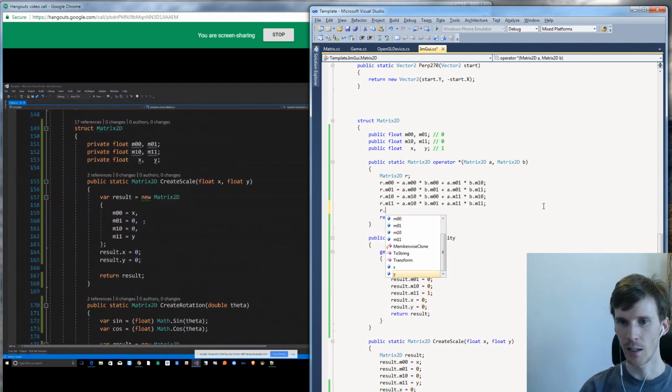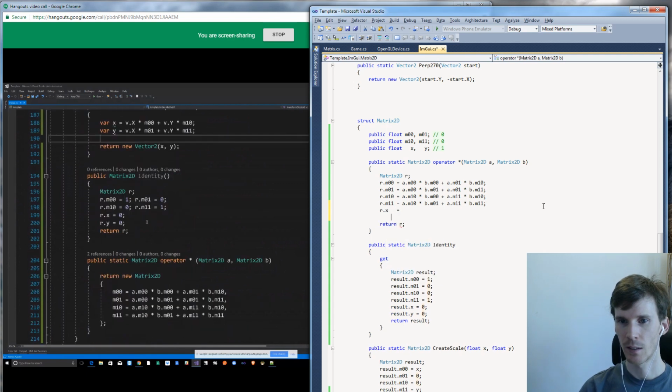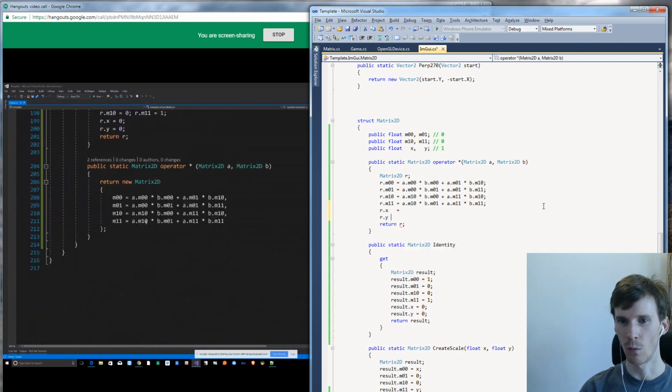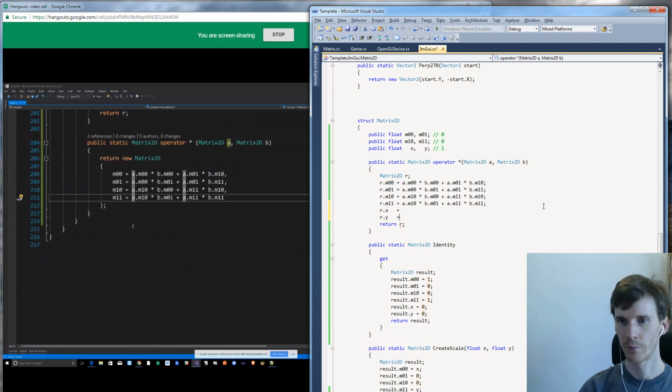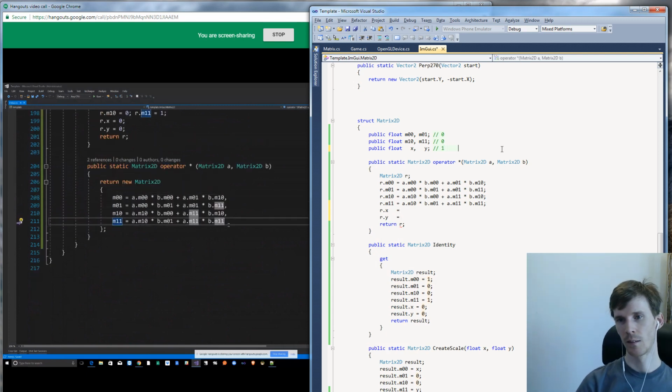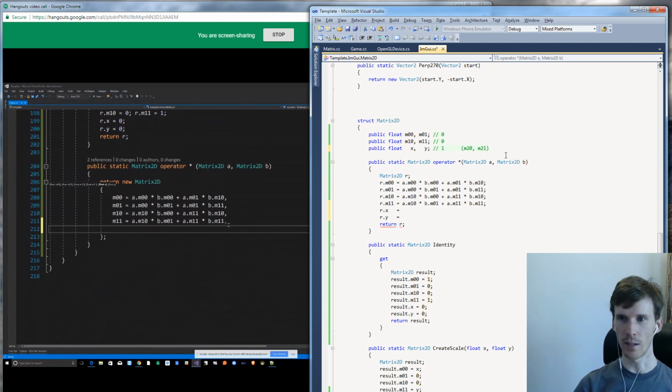But we do need r dot x and r dot y. Sorry, yeah, m2 0 and m2 1 as the things that are stored.